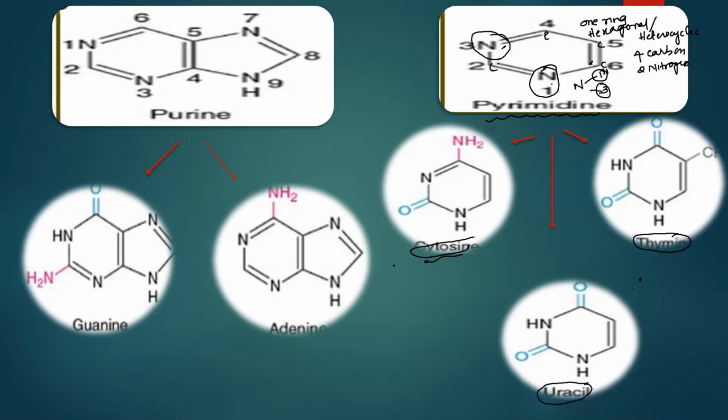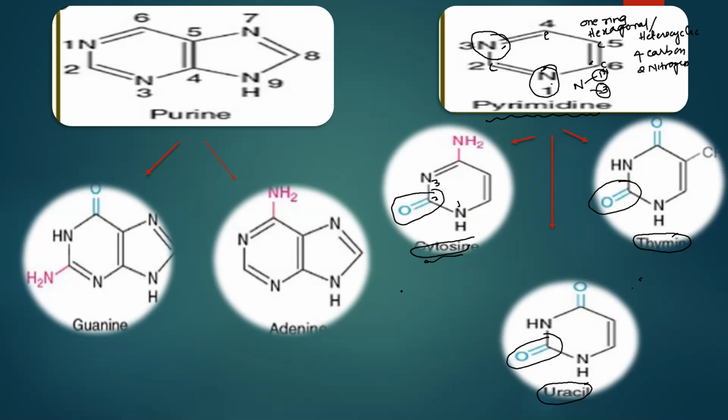If you see cytosine, thymine and uracil, all three nitrogenous bases have a carbon atom at the second position with an oxygen, right? You can see the numbering is 1, 2, 3. Each of them will have an oxygen at the second carbon.